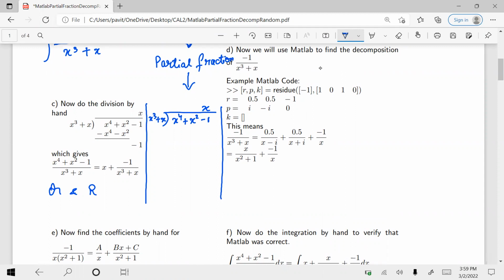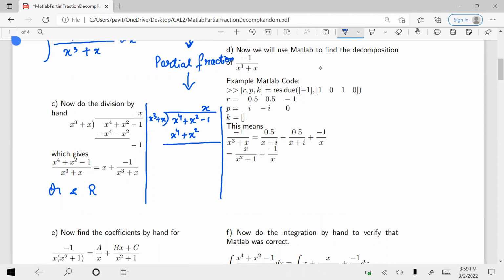x into x cubed is x to the power of 4, right? Now again, x into x gives me plus x squared. Now I can subtract these two. But if I want to subtract, you can see that there is a positive sign on both sides, right? So even though I'm trying to eliminate this term, I cannot because I have a positive term.